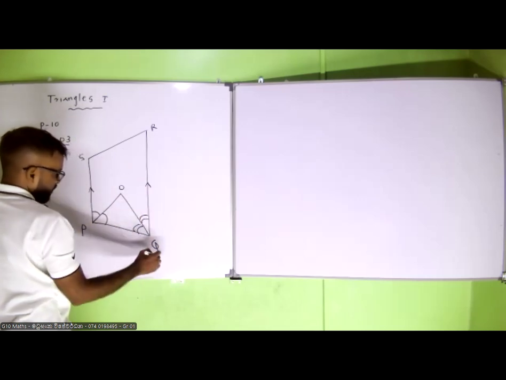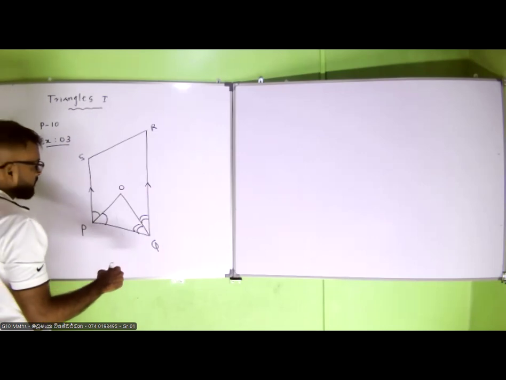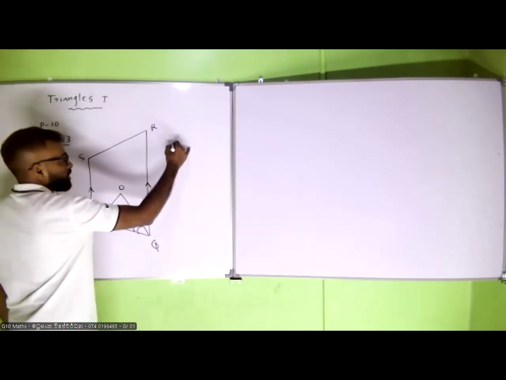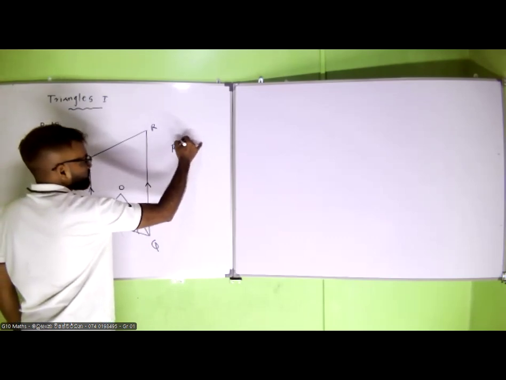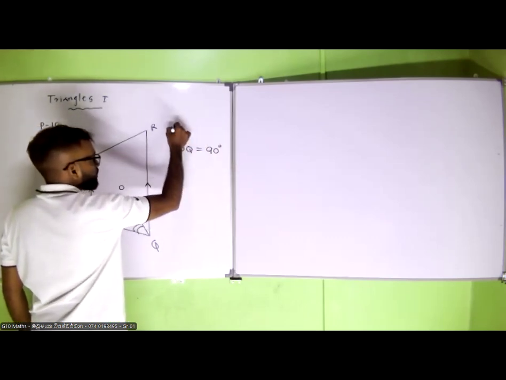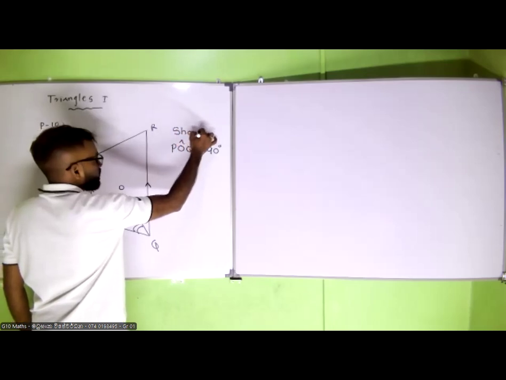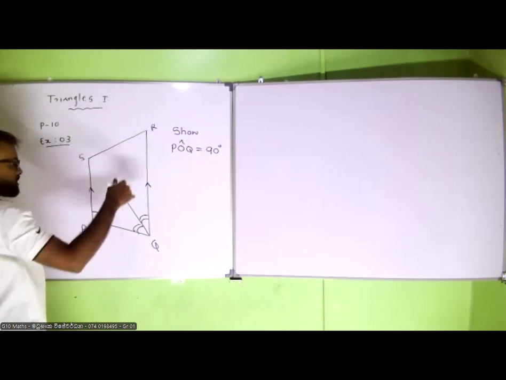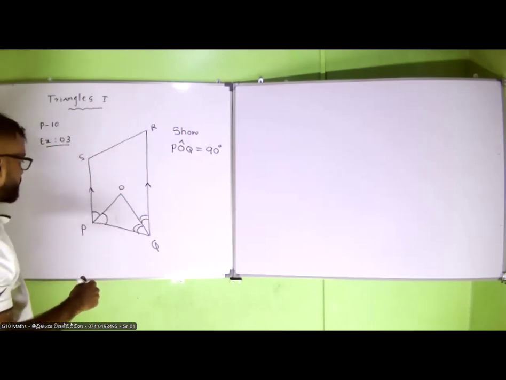So because PO and QO are bisectors, right? And you need to show POQ angle equals 90 degrees. You need to show this. Right? You need to show. And they have given PS and QR are parallel lines. Right?